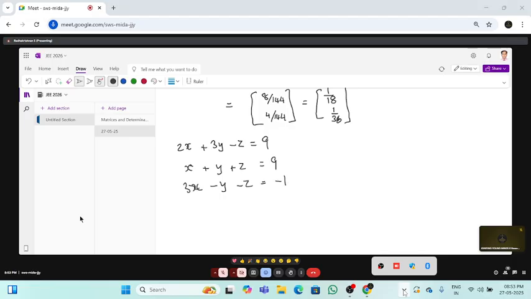Okay, just write down this problem. 2x plus 3y minus z equal to 9, x plus y plus z equal to 9, 3x minus y minus z equal to minus 1. So try to solve this using matrix inversion method. All of you, please work on it. It's important for you to practice.